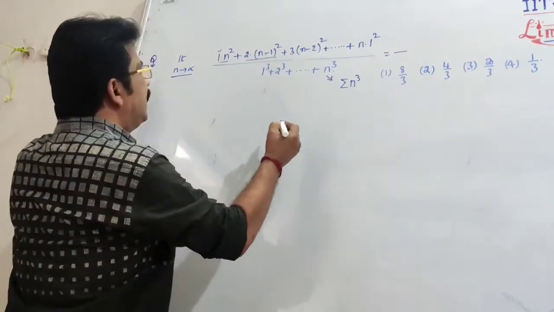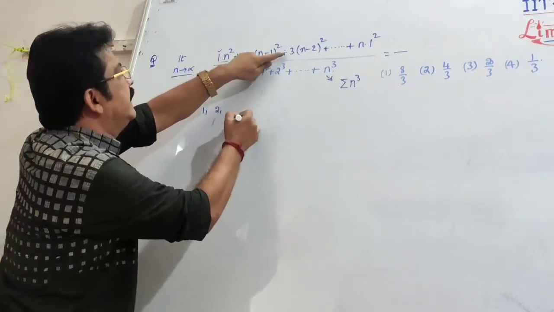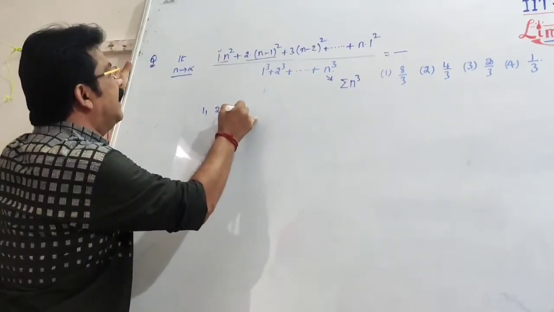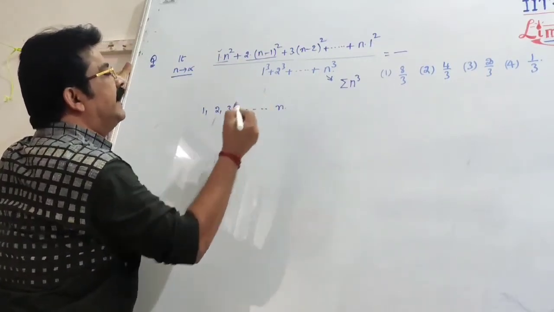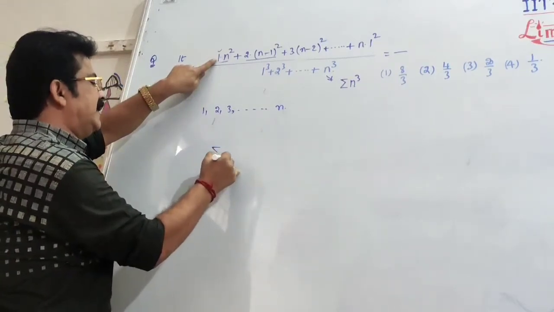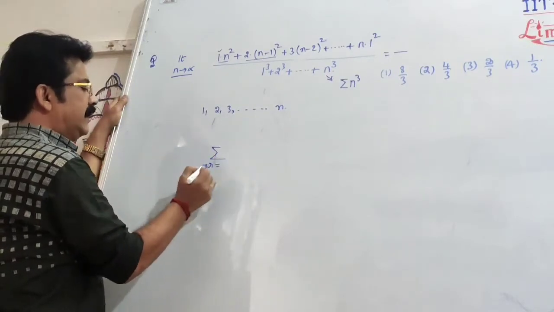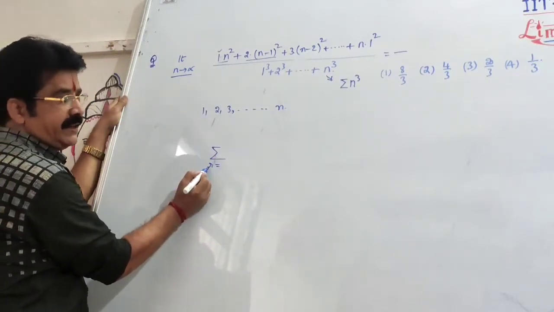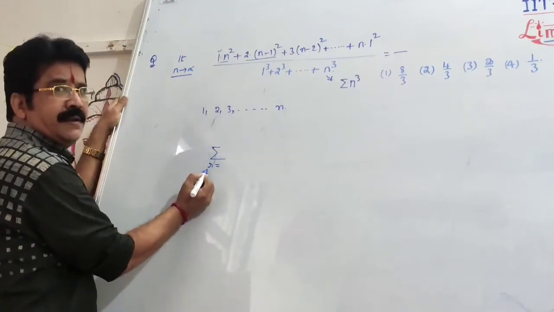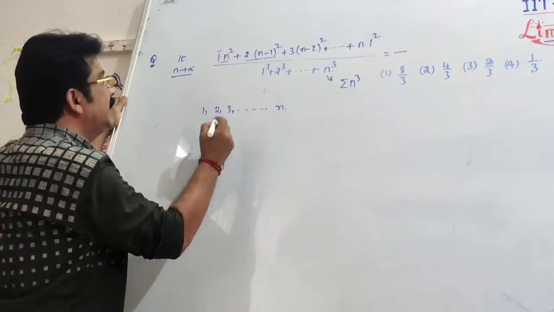Here 1 comma 2 comma next 3 comma and so on, n is there. Therefore for the numerator first we will start. Okay, let us express in terms of r. You can take any letter here instead of r. Just for our convenience I took r. r is equal to 1 to n.